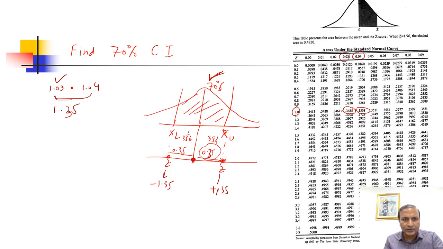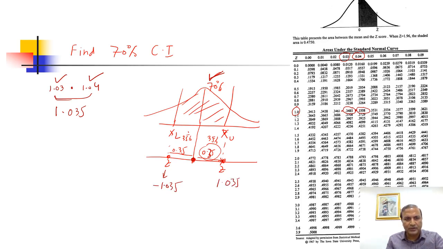So 1.03 and 1.04, if I take the average, it is, sorry, this is not 1.35, but 1.035. Okay, so this is 1.035. You can just add these two numbers and divide by 2. So it is minus 1.035 and plus 1.035.